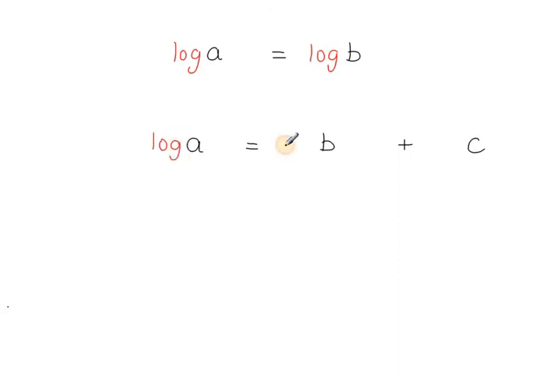Now when you take logs on both sides of an equation, you have to be careful. Let's say if a is equal to b. If you take logs on each side, then you can do this. Log a is equal to log b. You write log once on each side. Okay, let's say if a was equal to b plus c. Now when you take logs on each side, this would be wrong. You can't do this.